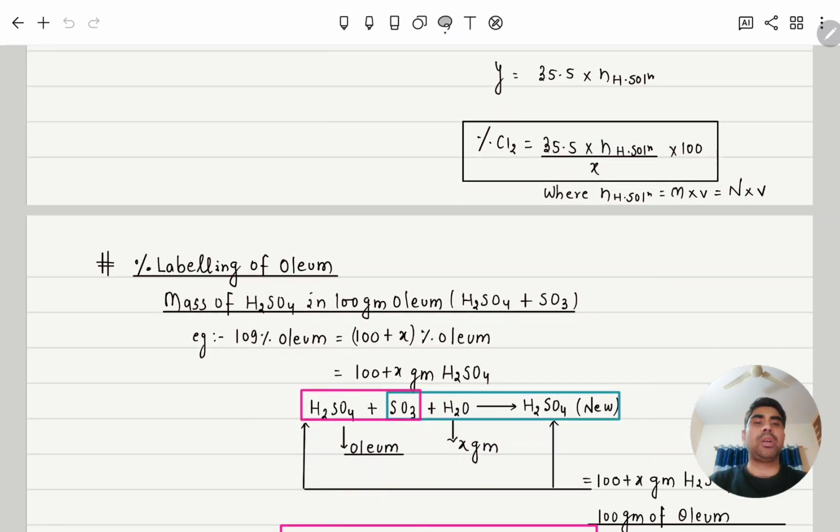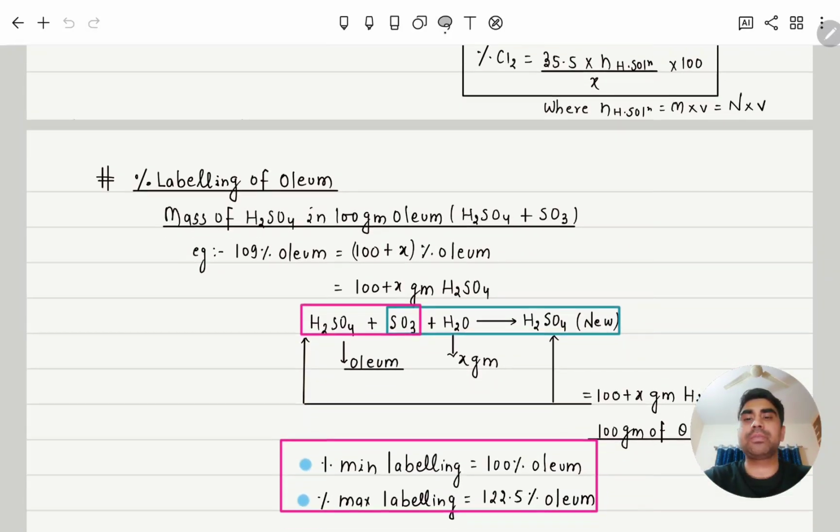Clear? Here you can see the number of moles of hypo solution is equal to molarity into volume, or normality into volume also. Why? Because the n factor is already 1. Molarity into n factor into volume is normality into volume, but the n factor for hypo solution is already 1. So in both ways we can calculate.